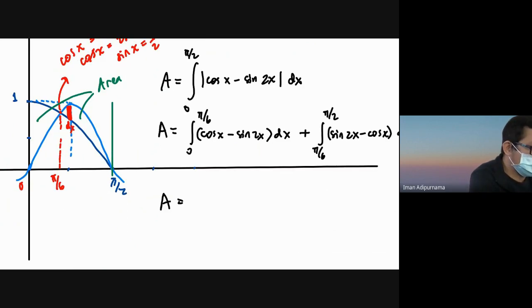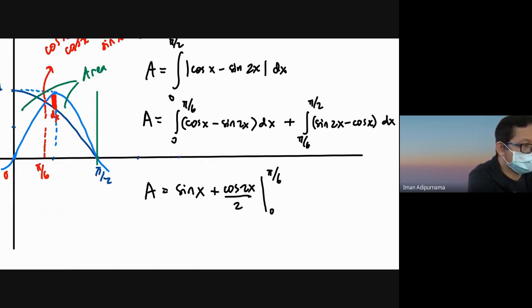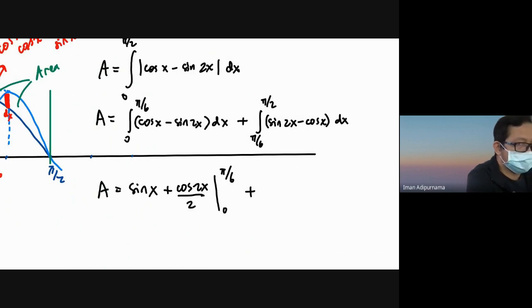Cos x becomes sine, sine 2x becomes negative cos 2x over 2, so plus, and we can compute this from 0 to pi over 6, and plus negative cos 2x over 2, negative sine x from pi over 6 to pi over 2.